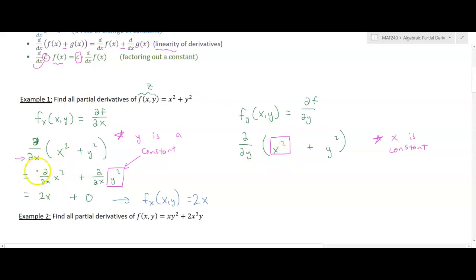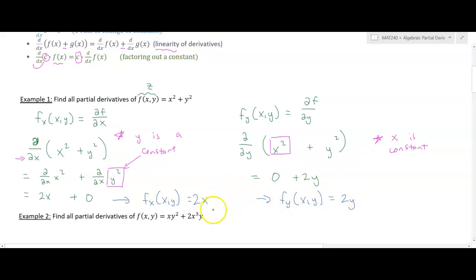And rather than writing out all these extra steps, it is okay to say the derivative of x squared, or the derivative of a constant, is 0, and the derivative of y squared with respect to y is 2y, which leads us to the conclusion that f sub y of x comma y is equal to 2y.